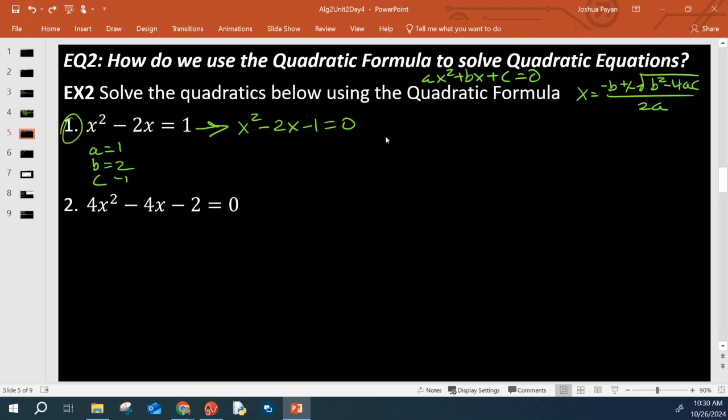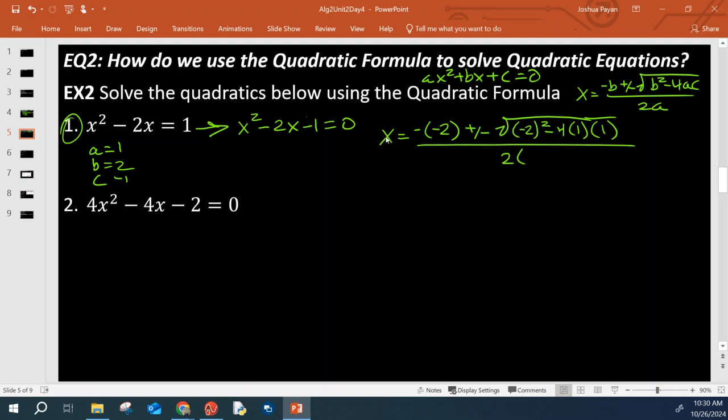Very simple. So x is going to be equal to negative b, right? So negative negative 2 plus or minus the square root of b squared minus 4 times a times c. All of this divided by 2 times a.